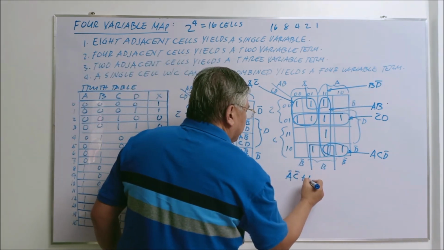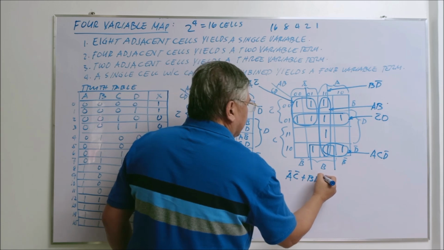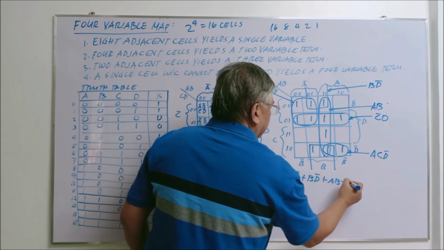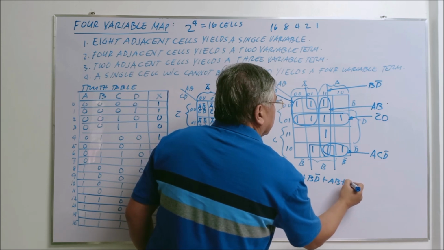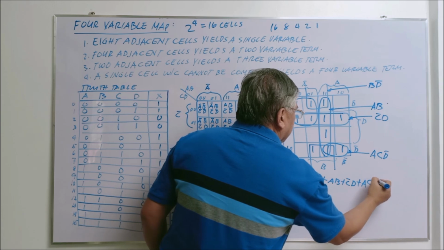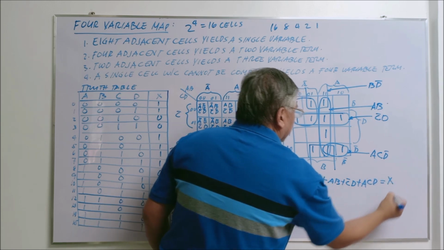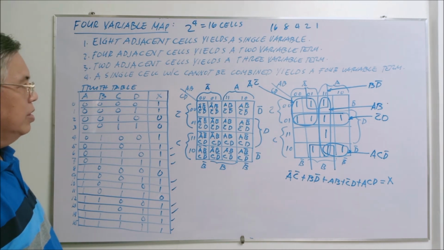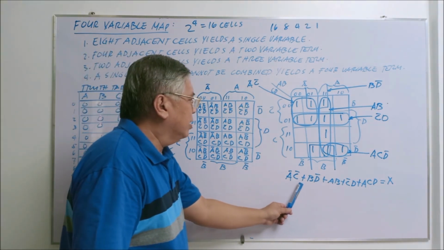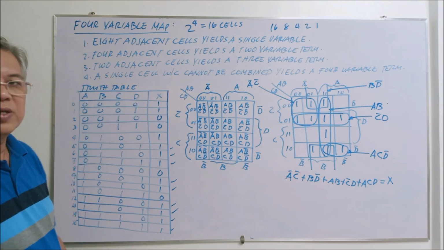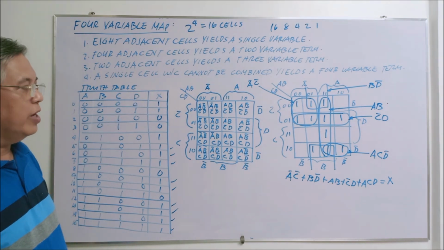Then you have B, D bar. Then you have AB plus C bar D plus ACD bar is equal to X. Okay? That will be our simplified logical equation that represents this particular output X.